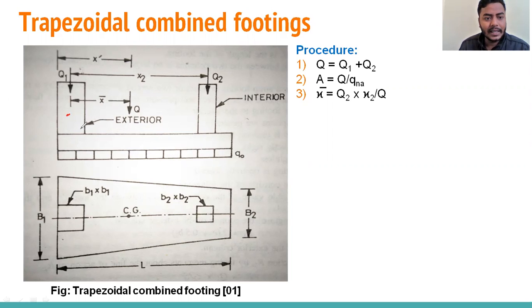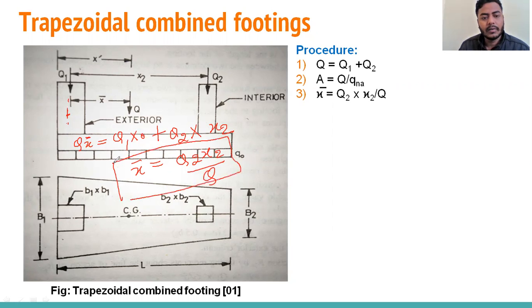So Q into X bar will be equal to Q1 into distance, and this distance is 0, plus Q2 into the distance from here to here, that is given as X2. So we can calculate X bar, that will be equal to Q2 into X2 divided by Q. Q is the total load, right?